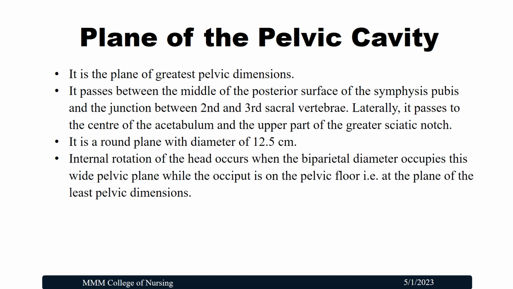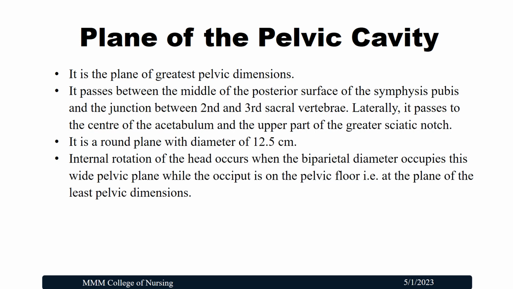Internal rotation of the head occurs when the biparietal diameter occupies this wide plane, while the occiput is on the pelvic floor, that is at the plane of the least pelvic dimension. We have already seen this in the mechanism of labor.